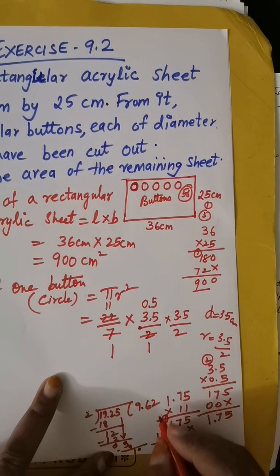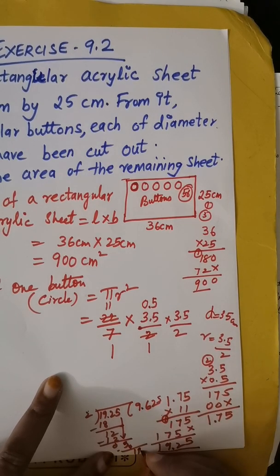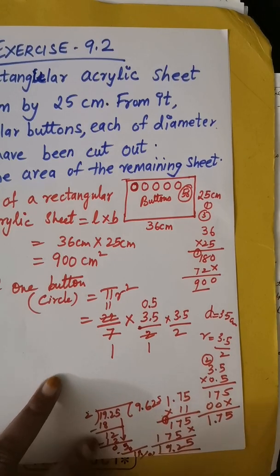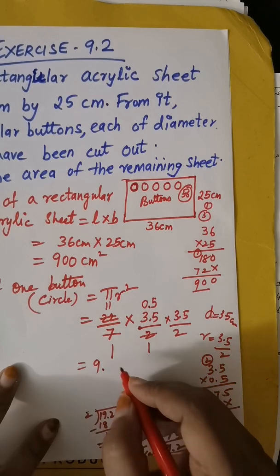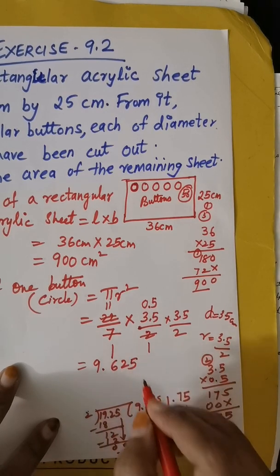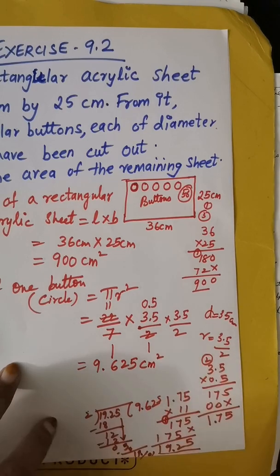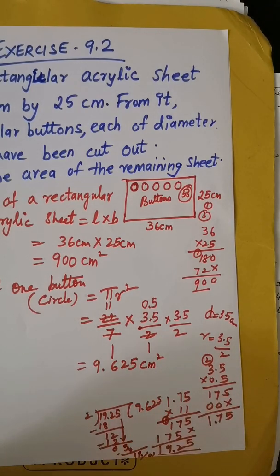You can take 0 again. 2 5s are 10. So it will be 9.625 centimeter square. Okay, this is the area of one button.